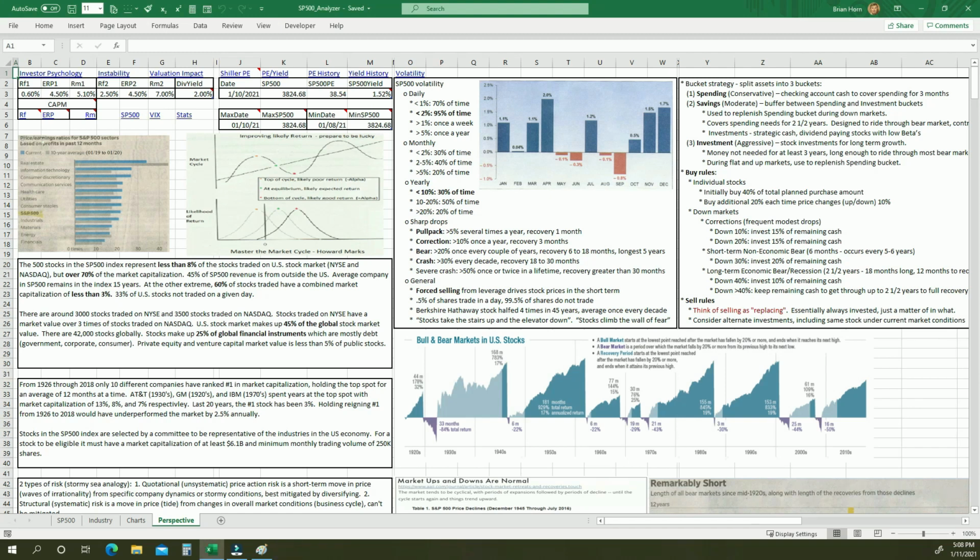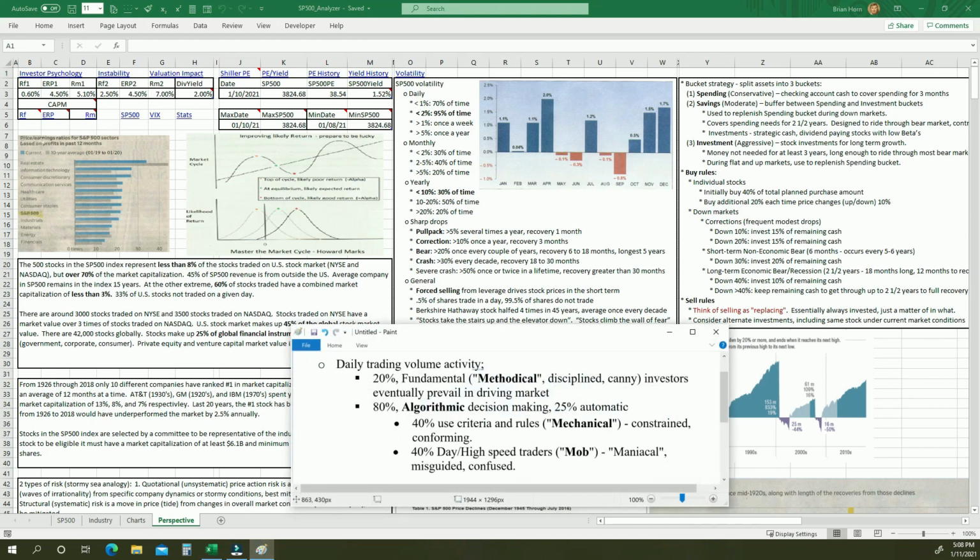Now, a plausible explanation for short-term price volatility has to do with the nature of the traders that are out there day-to-day trading stock in the stock market. Some studies have shown that the makeup of traders in a given day is about 20% methodical or disciplined investors, also known as fundamental or value investors, who consist of realists and optimists.